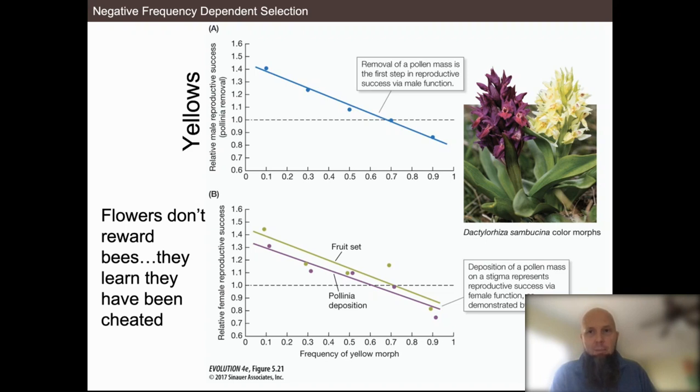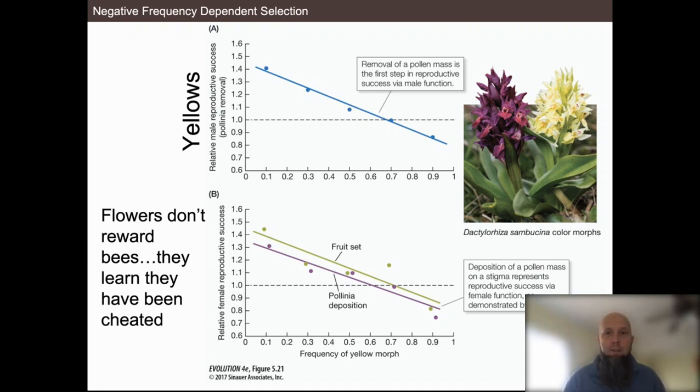I'm not carrying away that pollen. So the more plants that are yellow, the quicker the bees learn not to go to them, and the fitness of yellow plants declines. The same thing can be seen on the bottom graph, the relative female reproductive success. As there are more and more yellow plants, there are fewer and fewer females having reproductive success.